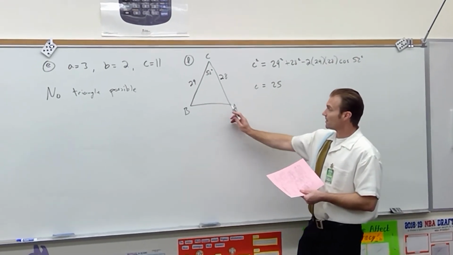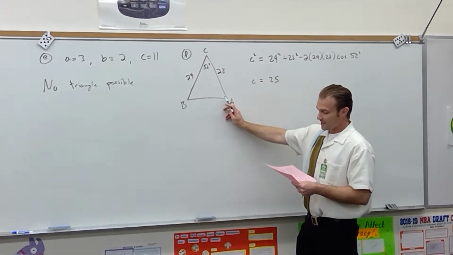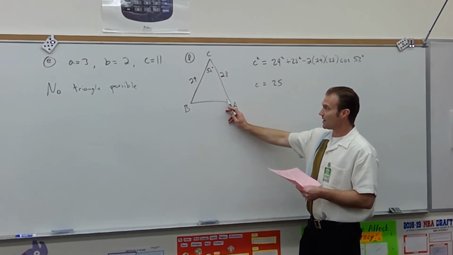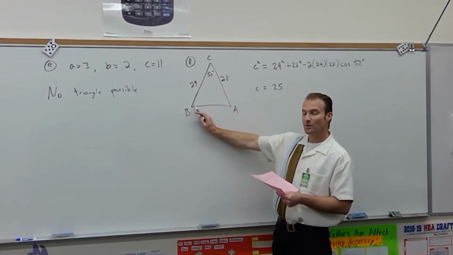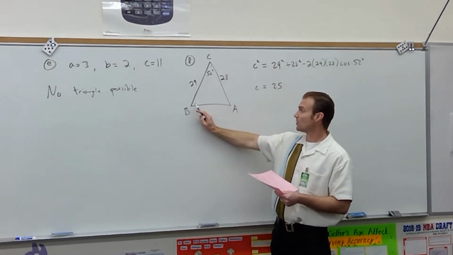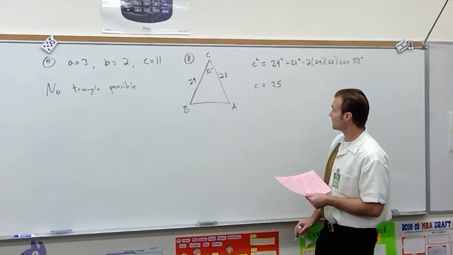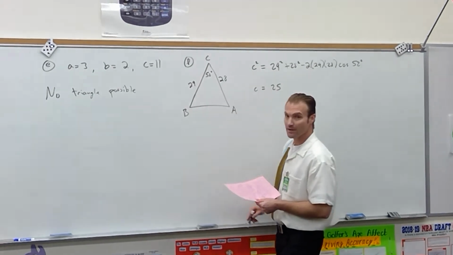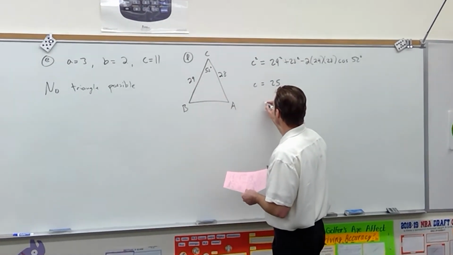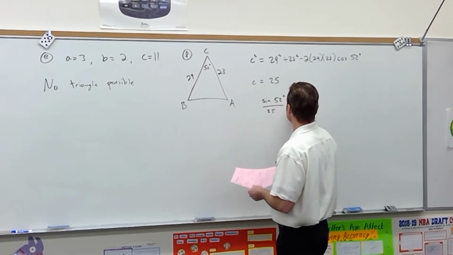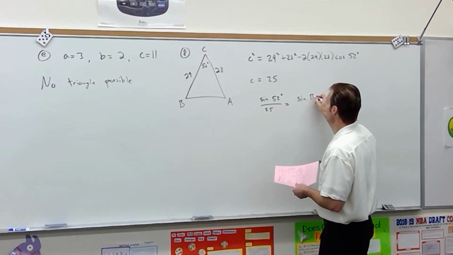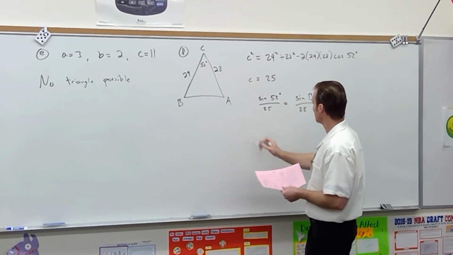Now, if I'm using law of cosines, I would want to go after angle A first. But if I'm using law of sines, I would want to find angle B first because I know B must be an acute angle. So I'm going to go ahead and use law of sines and go after angle B first. So sine of 52 degrees over 25 equals sine of B over 28 and solve.